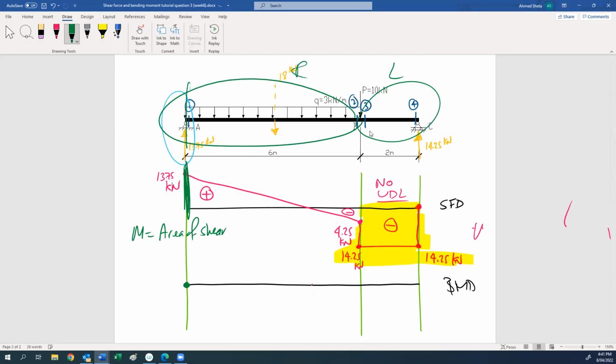Can we calculate the moment from the left? No, because we don't have this dimension x. So we cannot calculate from the left, so we have to calculate from the right. What is the area of the shear diagram from the right? This is our section here. So the area of shear from the right will be the area of this rectangle. So the moment at section 2 or 3 is equal to 14.25.